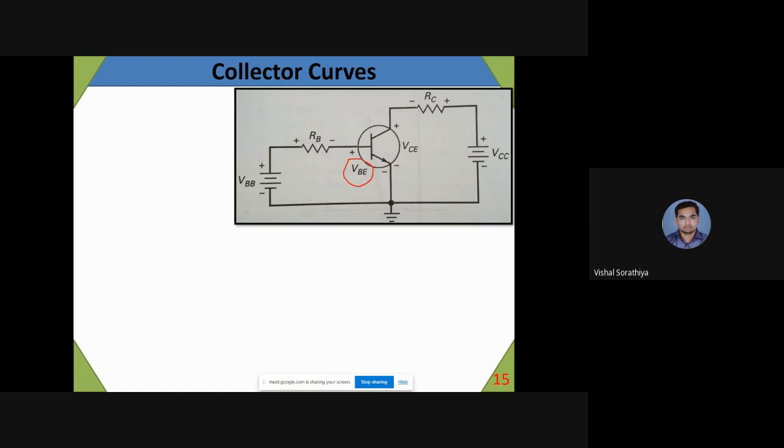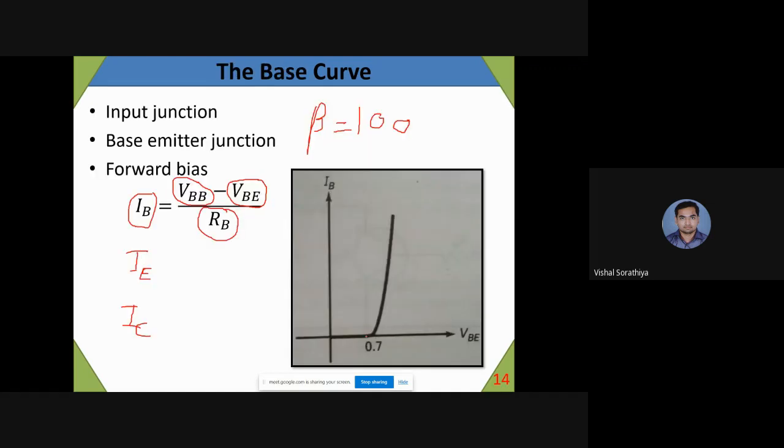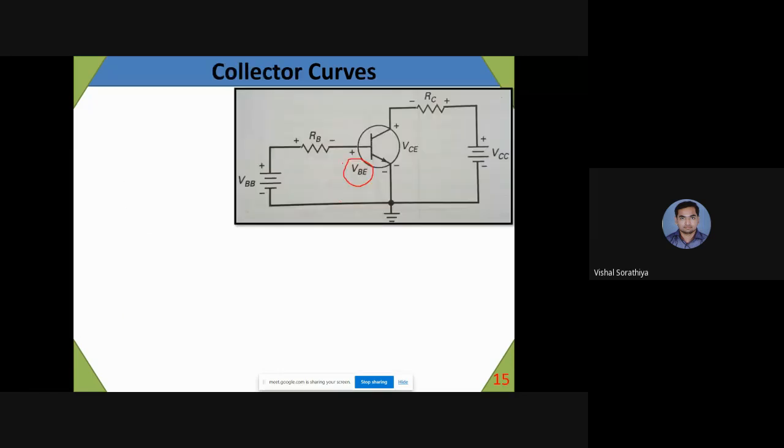If you are applying voltage from the power supply across the base emitter junction, and it goes above 0.7, then the IB current starts flowing drastically. Your input characteristic of the transistor is similar to a diode characteristic. In a diode also, by increasing the voltage beyond 0.7, the current starts increasing.